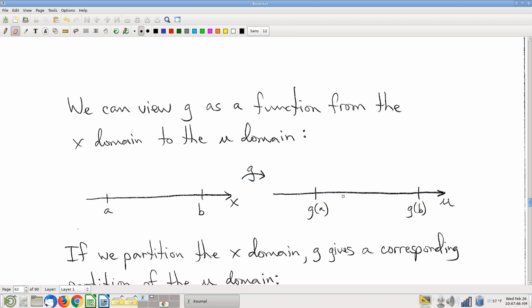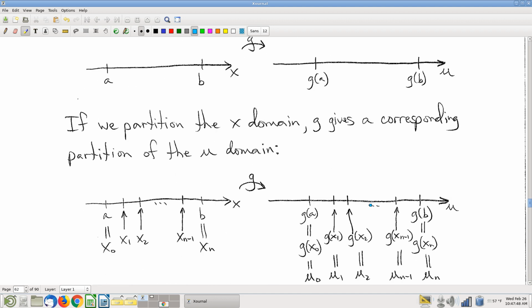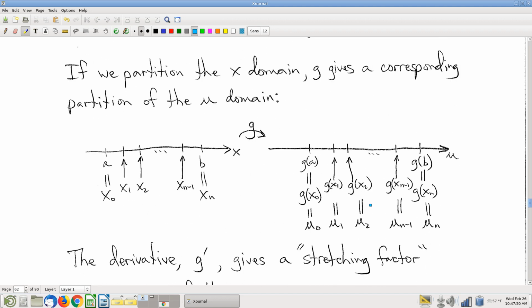Okay, let's throw some details at this. If you have a domain there and its image there, hopefully no surprise: when you chop up the domain on the left, in effect that chops up the domain on the right somehow.